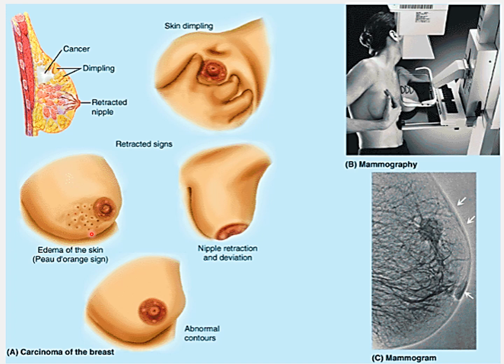If you have seen the peel of an orange, there are very minute depressions on the surface. The breast will have the same appearance in carcinoma, and this occurs due to the edema as well as the fibrosis of the suspensory ligaments of Cooper, and this appearance is known as peau d'orange sign, or peau d'orange appearance.